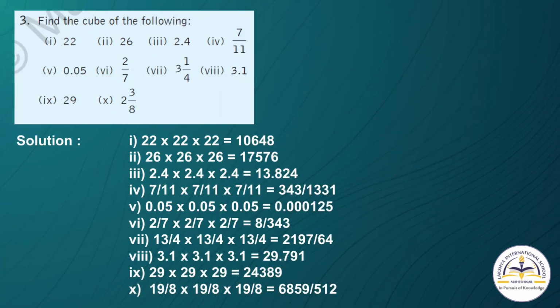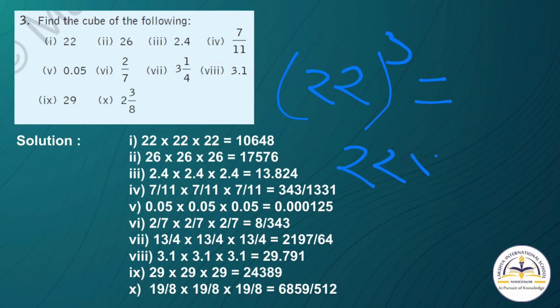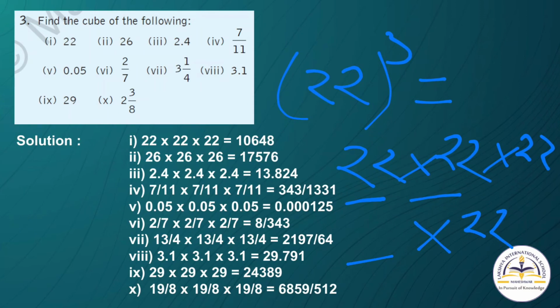Question number 3, find the cubes of the following. Our first question is 22. How can we find the cube of 22? 22 cube equals 22 into 22 into 22. First multiply 22 into 22, and whatever the answer is, multiply it again by 22, and you will get the answer.